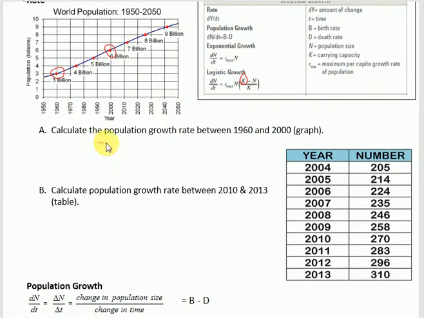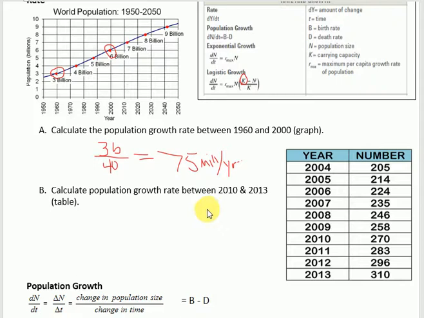So we are going to put 3 billion over a matter of 40 years. And if you put that in your calculator, it's about 75 million per year.